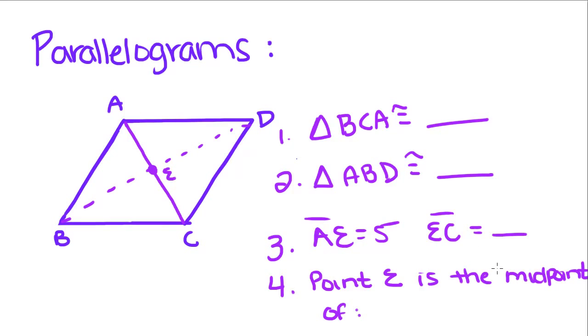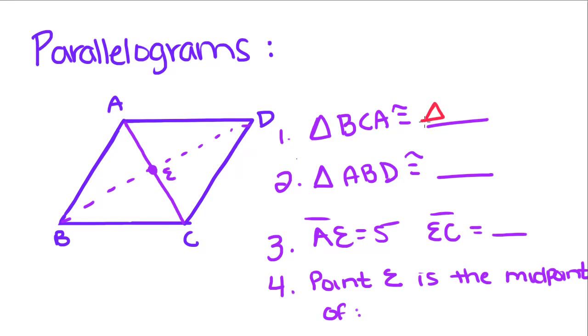So we know that triangle BCA, which is formed by this solid diagonal right here, is going to be congruent to this triangle over here.